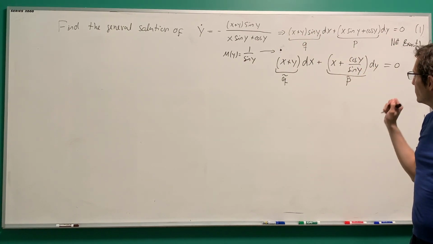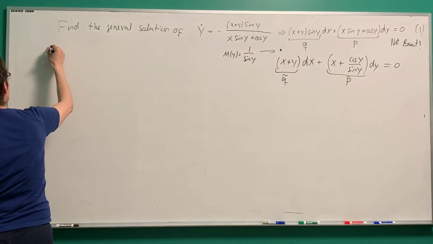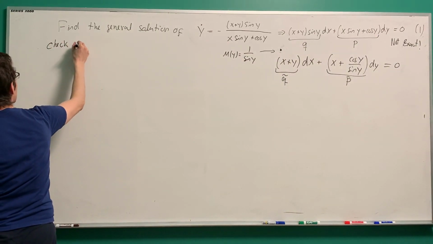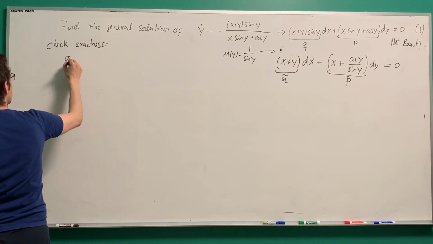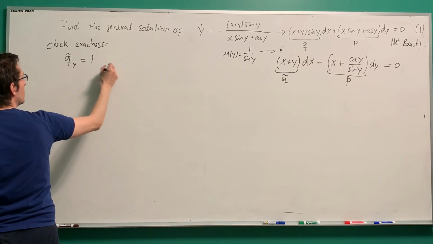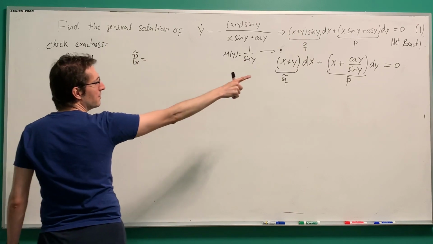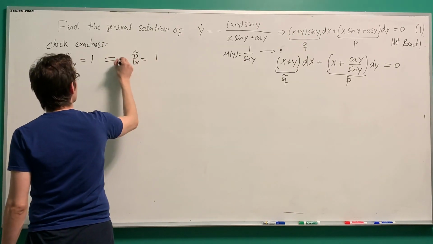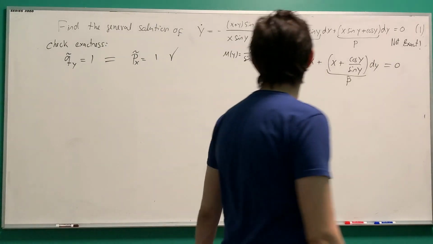Let's check that this is actually exact. Easy, right? How do I check exactness? Well, q tilde with respect to y, this thing is 1, should be equal to p tilde with respect to x, that you can check is also 1. The two things coincide. It is exact, so we made the equation exact.